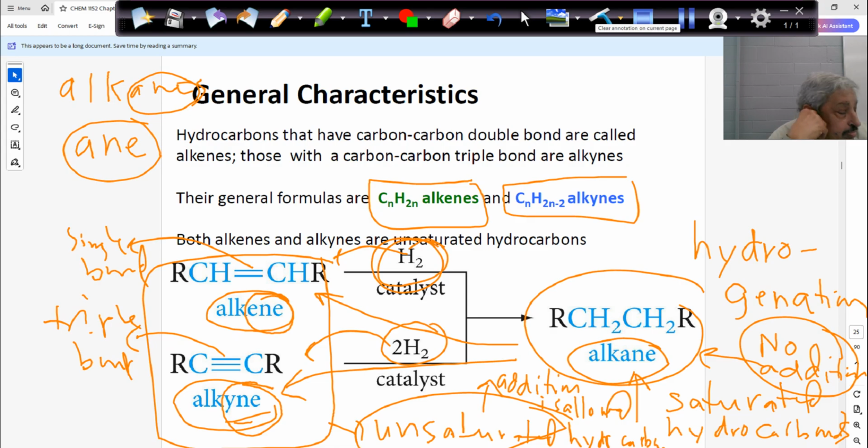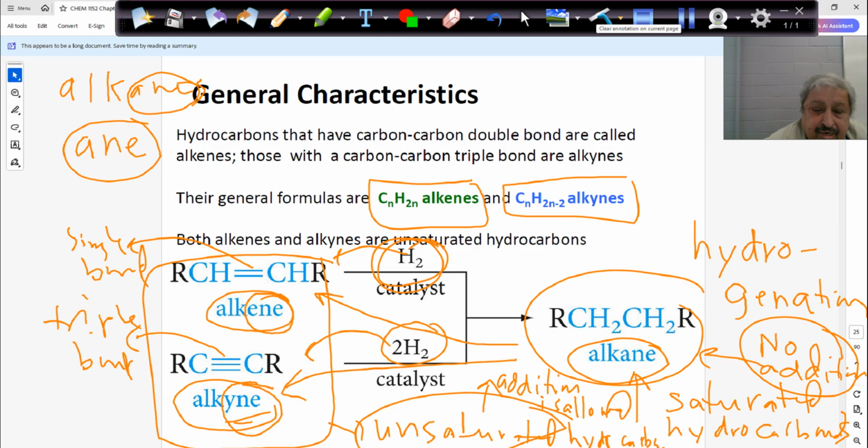However, double and triple bonds I can add to because the double and triple bond opens up, and then they can accept this addition from hydrogen or any other molecule, not only hydrogen. But alkanes, they are really saturated.